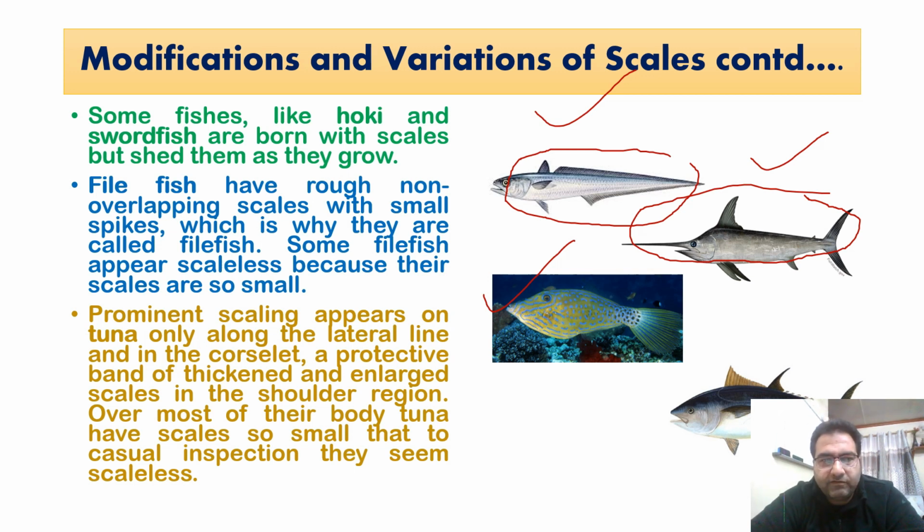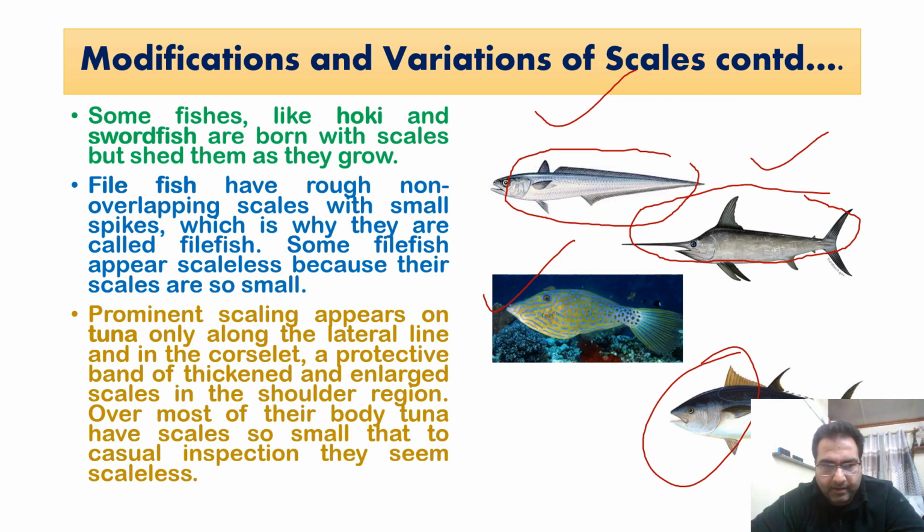And some filefish appear scaleless because their scales are so small. Then there is the prominent scaling that appears in the case of tuna. When we talk about the tuna, prominent scaling appears only along the lateral line, and in the corselet, a protective band of thickened and enlarged scales in the shoulder region.